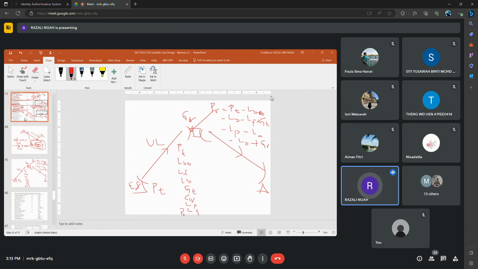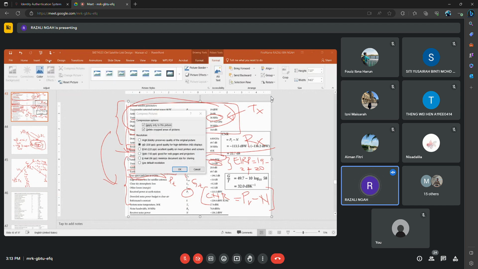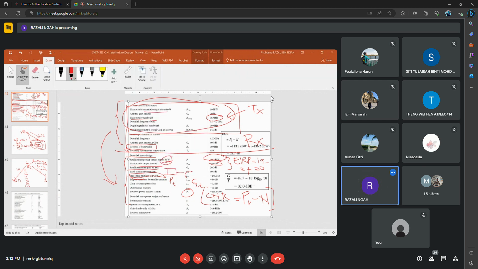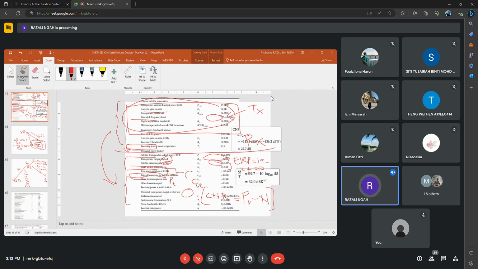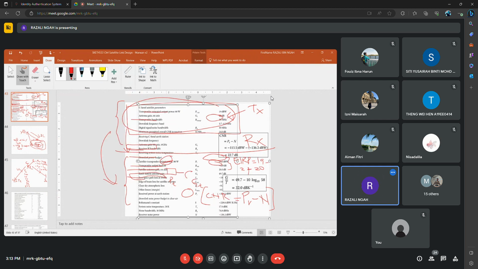So back to this example. When you consider all the losses, you can determine what the receive power is here.